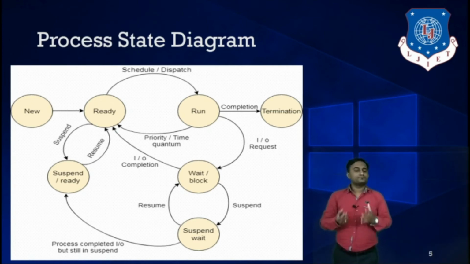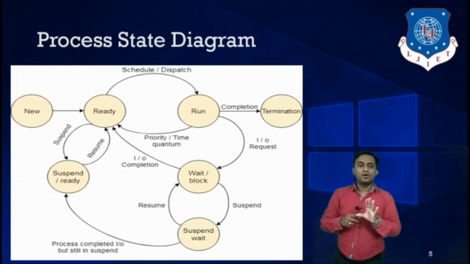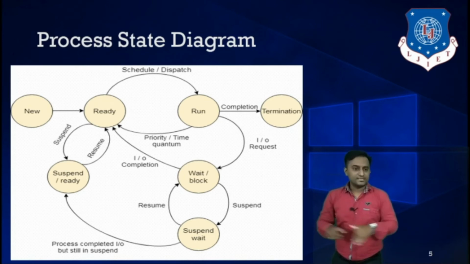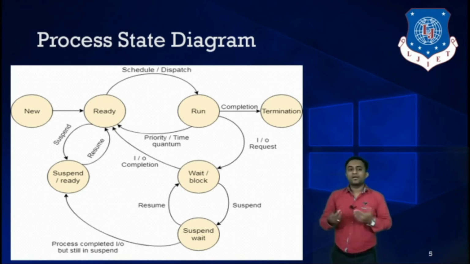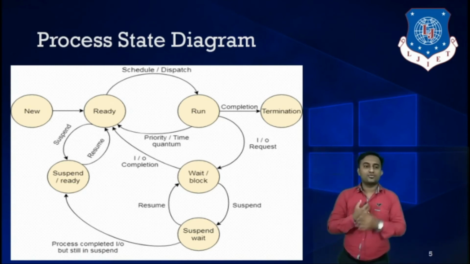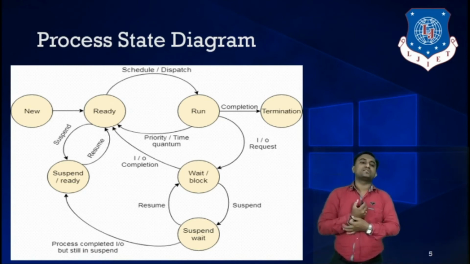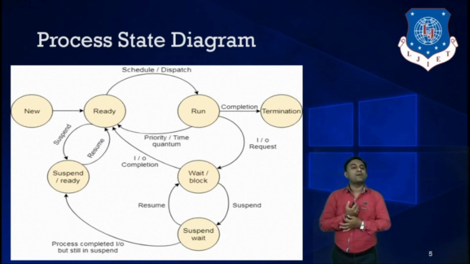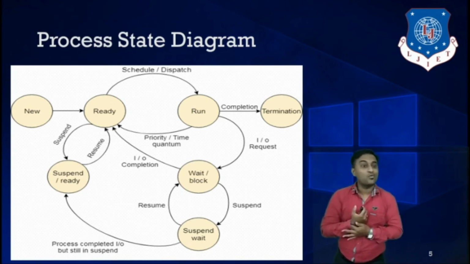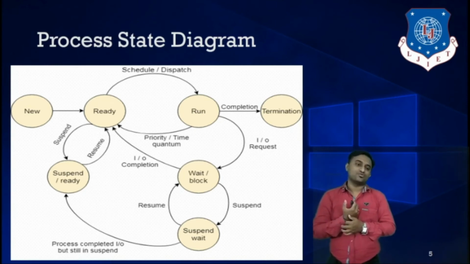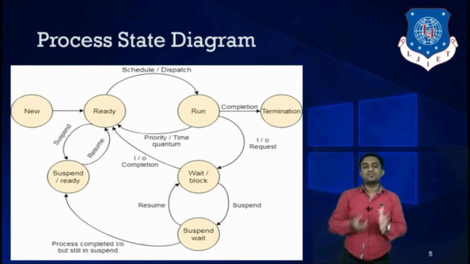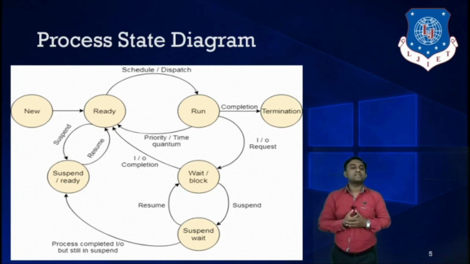Why? Because if you move that process from the running state to the ready state, after some time it will be scheduled again for execution and come back to the running state. But that task cannot be fulfilled by the CPU, because that process requires an input output device for its execution. So those operations will be performed in a separate state.